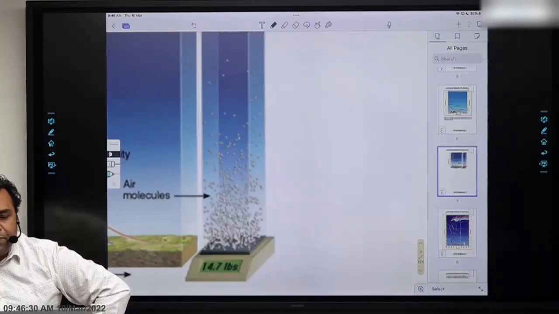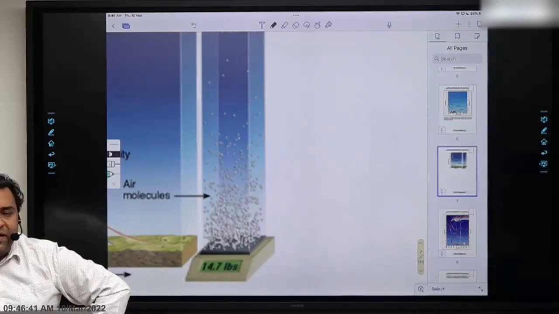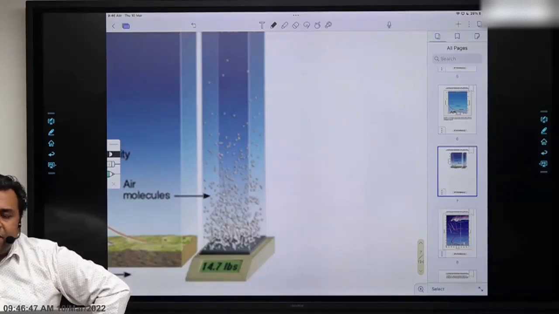And objects put above this height are said to be in space, like satellites, etc. Okay, objects put above this region are known to be in space, such as satellites.